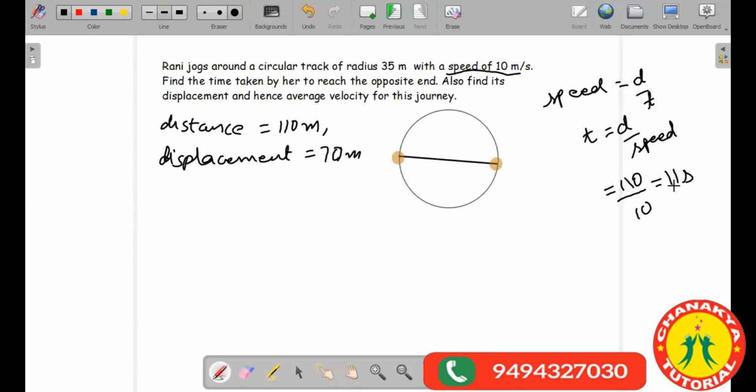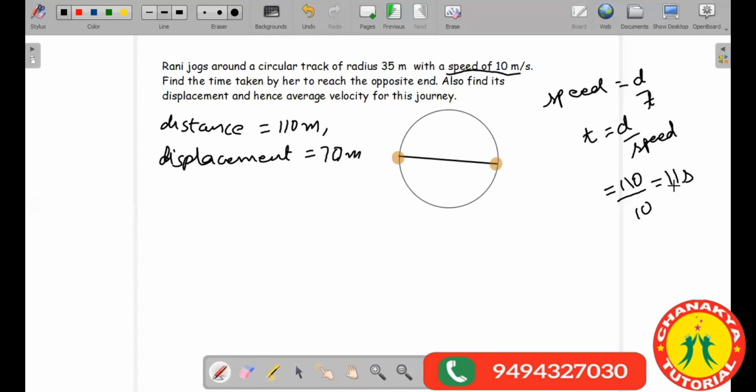The formula of average velocity is total displacement by total time. So what is the total displacement she is making? Sir, 10 meters.